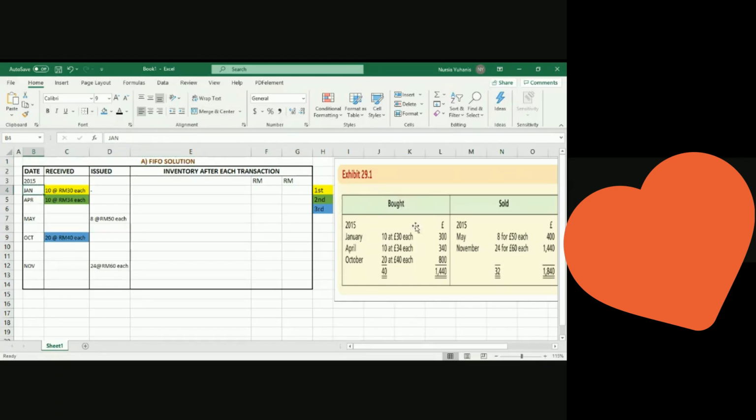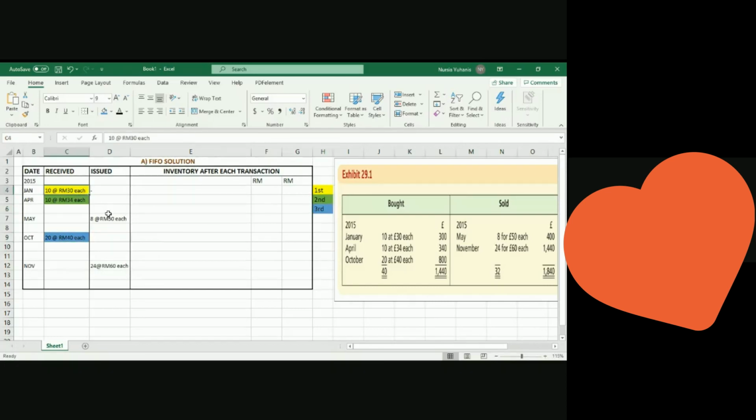In January you only purchase, so you put on receive 10 items at $30 each. I purposely put yellow to indicate that this is the first stock that came into the company. The green one is the second stock, and the last one, the blue one, is the third stock.